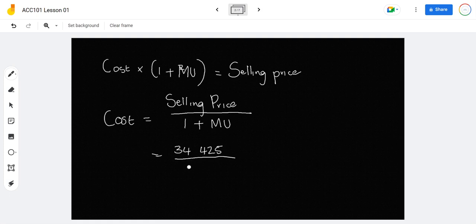What is the markup cost? 35%. All right, and that is going to give us 25,500. So in our books, that's what we're going to show.